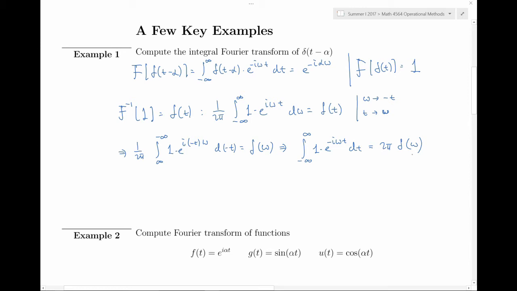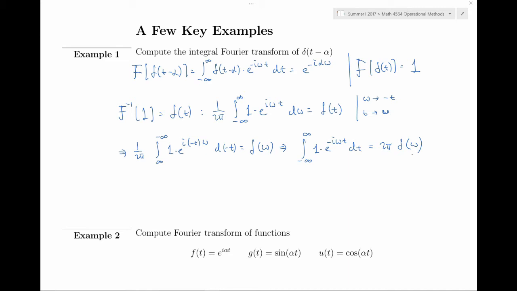So it seems like the Fourier transform of 1 is a delta function. Again, neither 1 nor the delta function are members of L2, so these Fourier transforms are defined in the sense of distributions. If I have a signal that's always 1, then it has only one frequency present in it.